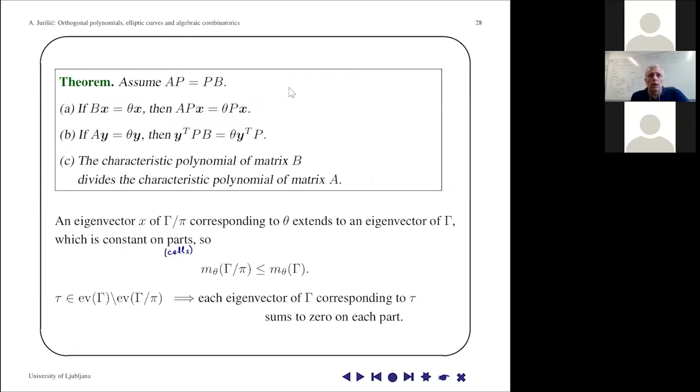I'm sure that you're all familiar with what to do in this case with eigenvectors of the matrix.